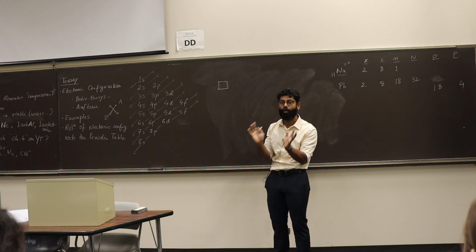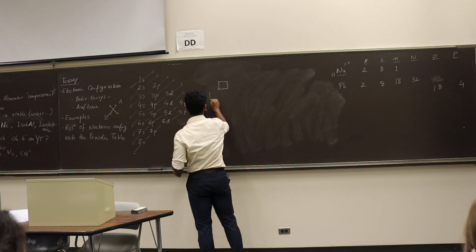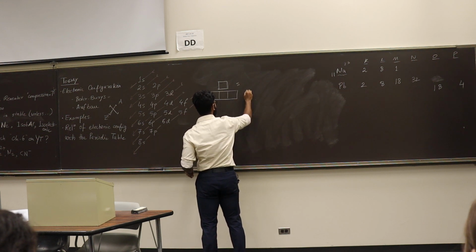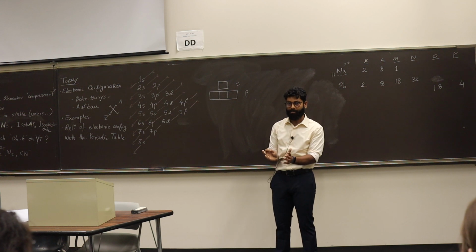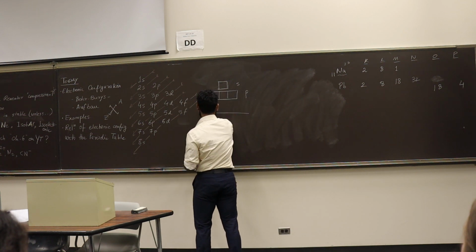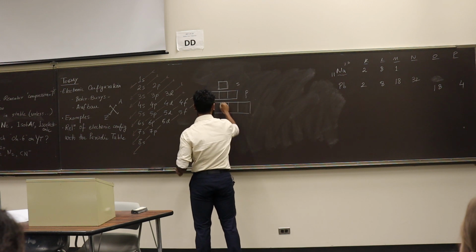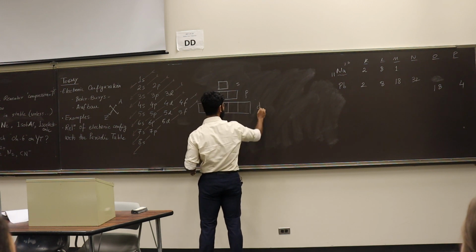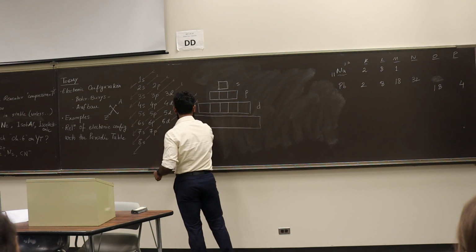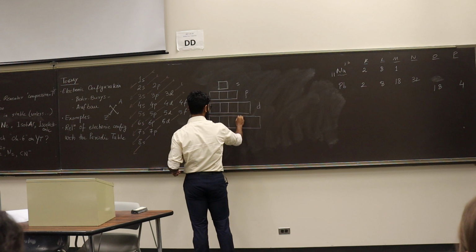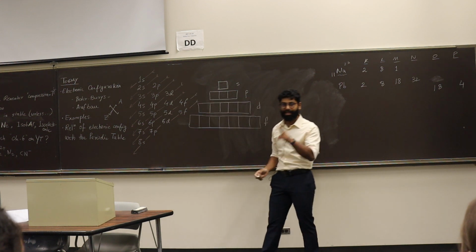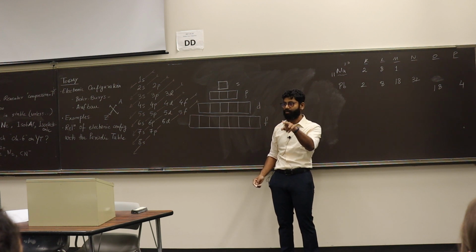Okay, S types of homes. P is a 3-bedroom apartment. D is a 5-bedroom. And F is a 7-bedroom. Each room can accommodate 2 guests or 2 electrons.